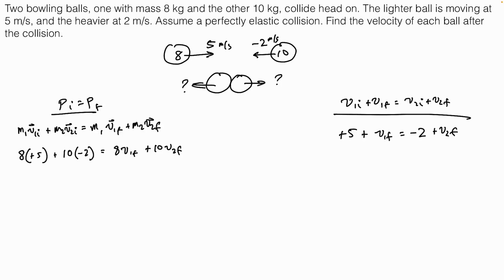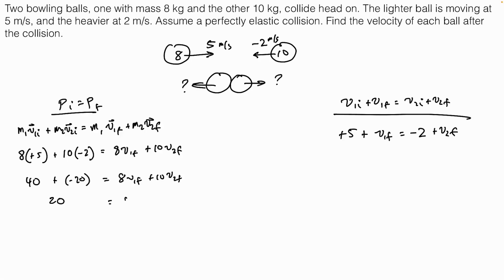Okay. What do we do now? In Great Britain, they would say we would do maths. Maths. 8 times 5 is, I don't know, 40? Minus 20, 8, and 10. Okay, I'll clean that. That's 20, isn't it?